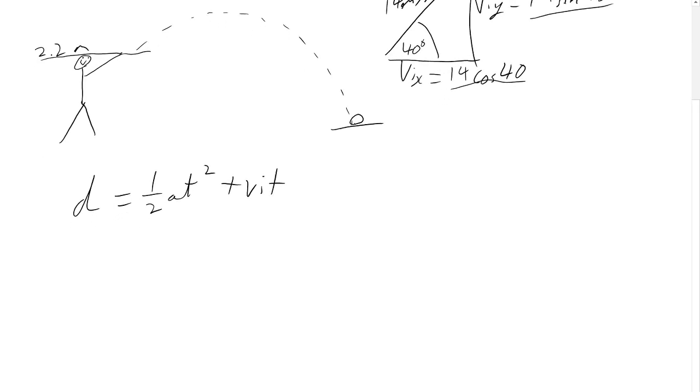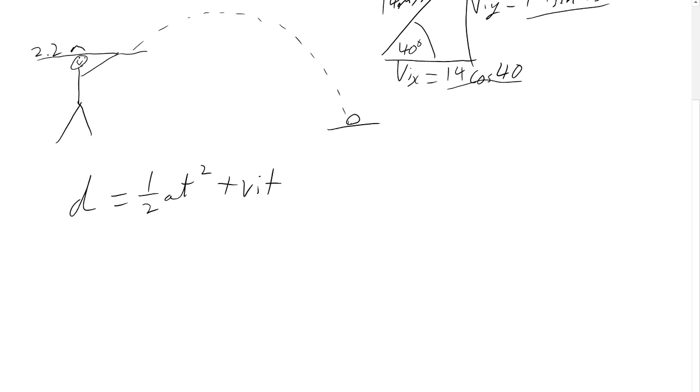And then d is negative 2.2 meters because the ball starts at 2.2 meters high, then it goes down, ends up 2.2 meters lower than where it started. So then that equals half of negative 9.8, I'll just do that in my head, which is negative 4.9 times t squared, which we don't have yet.